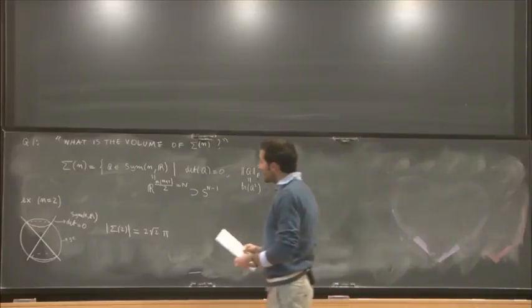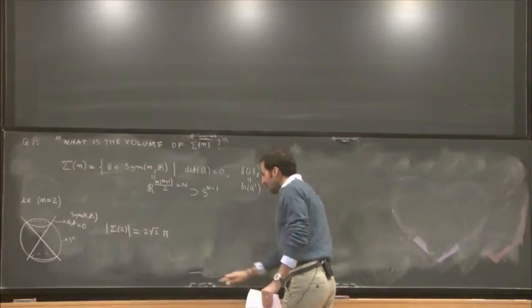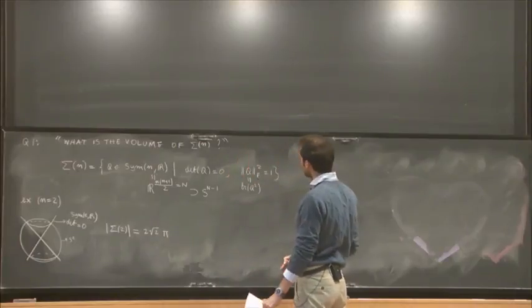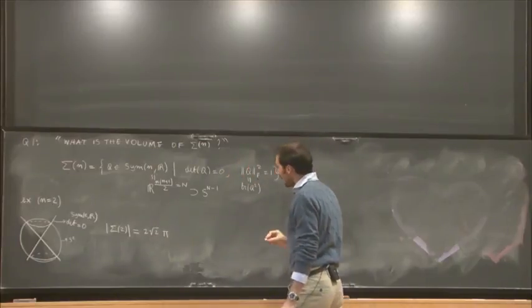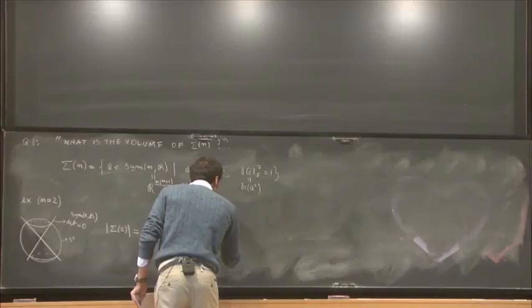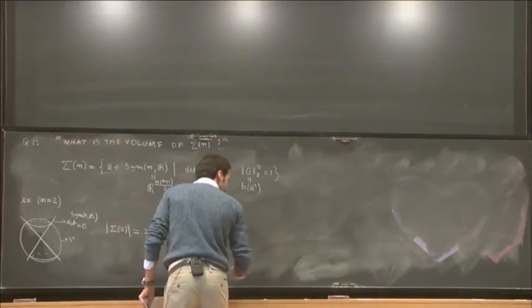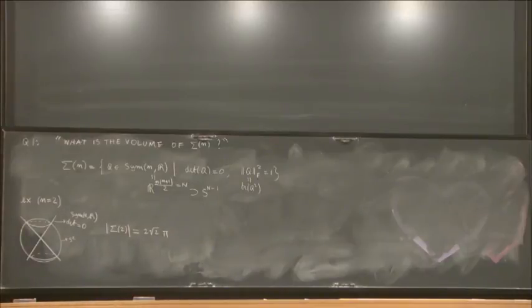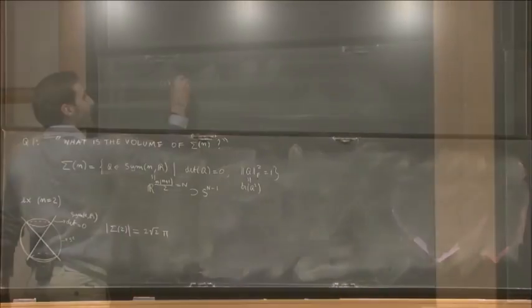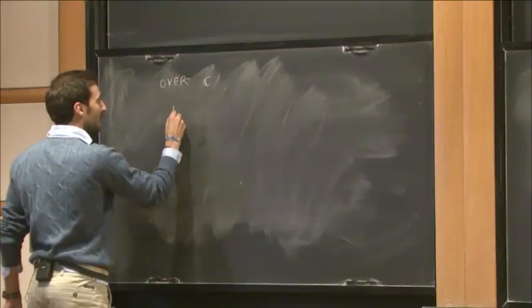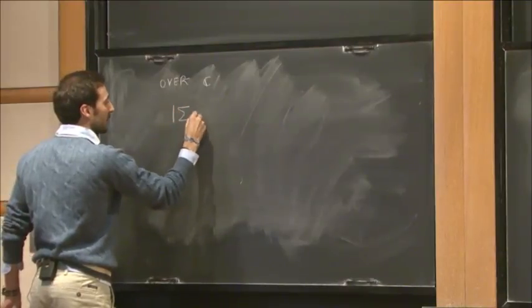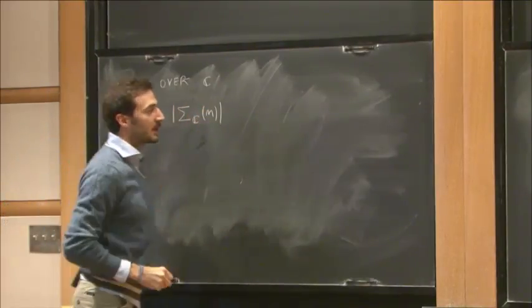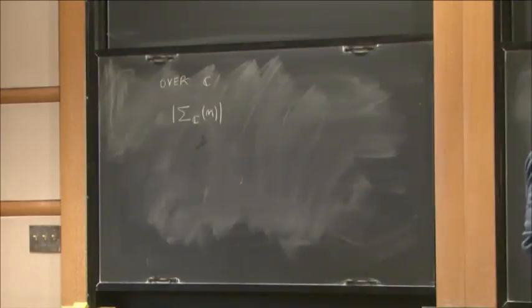Just let me mention, it might be interesting to ask the same question over C. Over the complex numbers, I can ask exactly the same question. I can ask for the volume of symmetric matrices with complex entries.